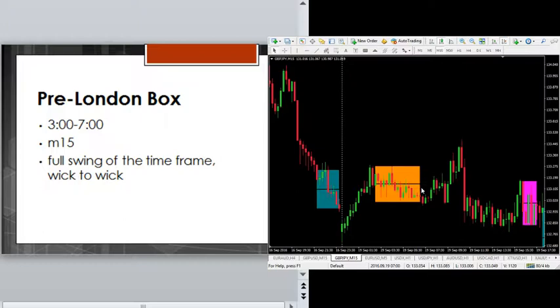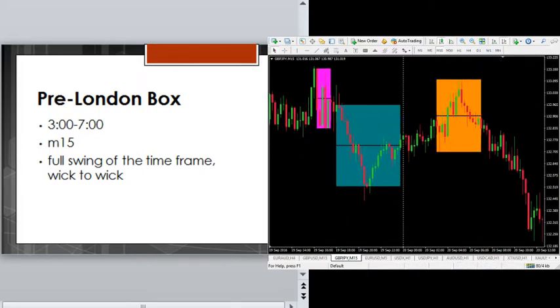Now this time we're considering the wick, the thin line on those solid candles. So we're considering the full swing of the time frame. Regardless of how many pips it has, that is okay. So that's a valid pre-London box.